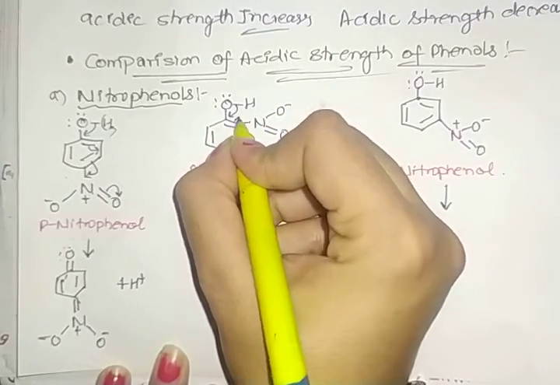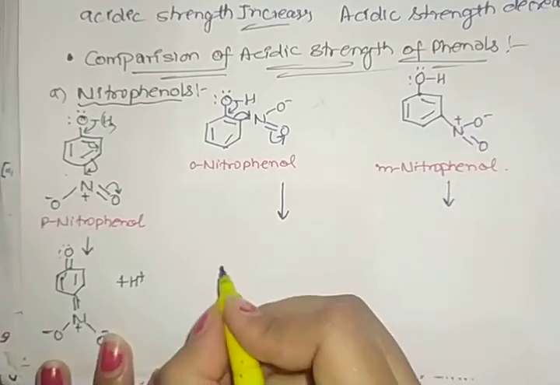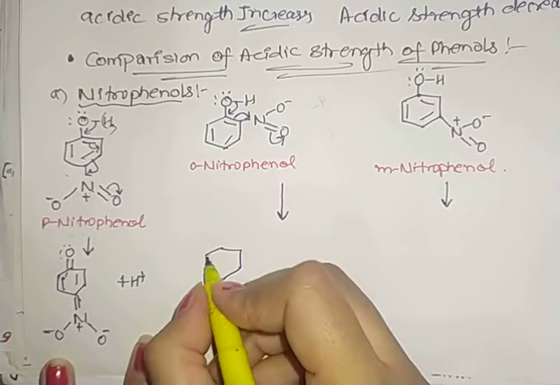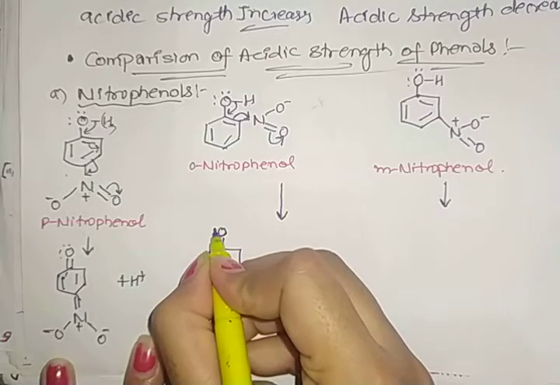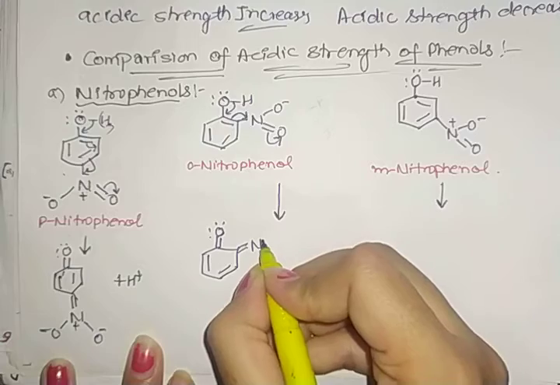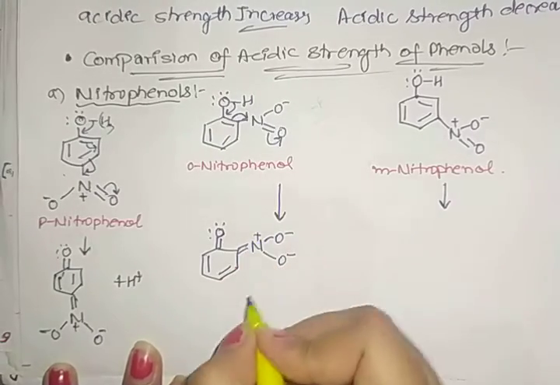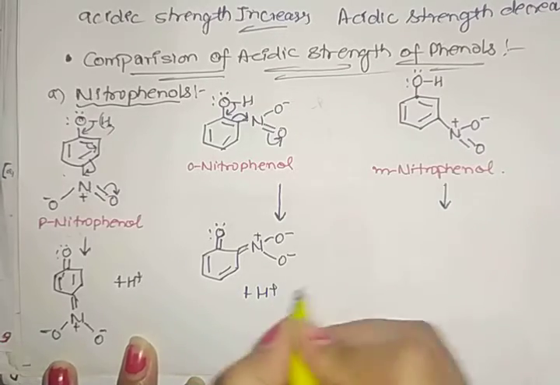These bonds go to this position and electrons go to the oxygen. So here we have the structure again: benzene ring, double bond O, plus here is also double bond N, O negative, O negative. Nitrogen is still positive, plus you may also write H positive.